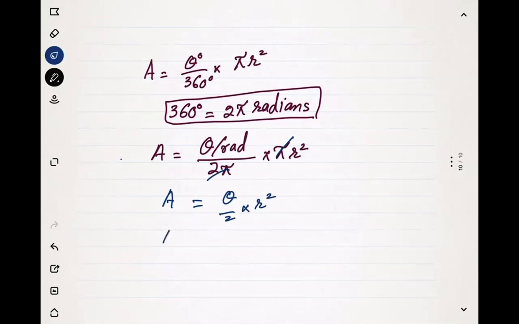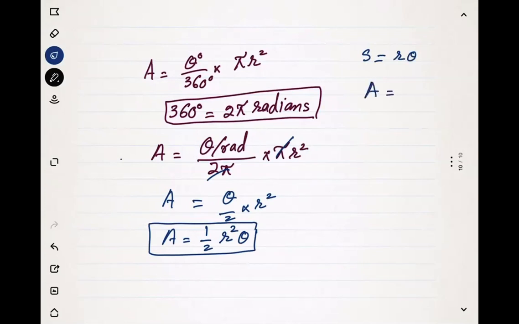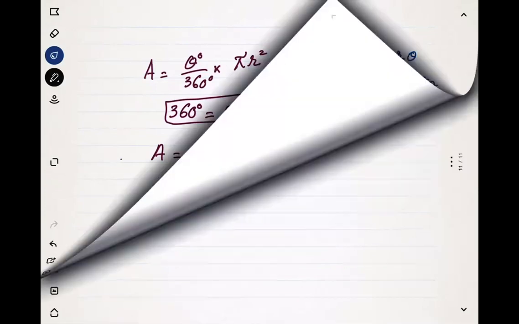So area would become 1 over 2 r square theta. This is the formula for area of sector. So arc length is r theta and area of sector is 1 over 2 r square theta. Using these formulae, we can find the units and base units.